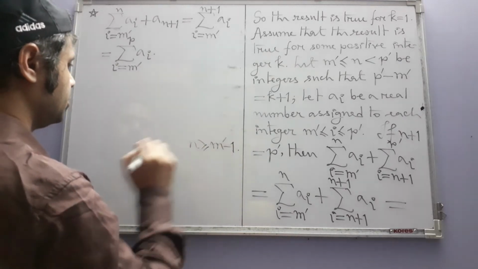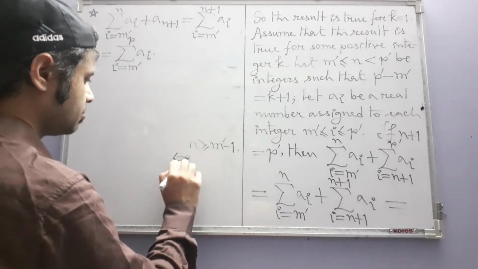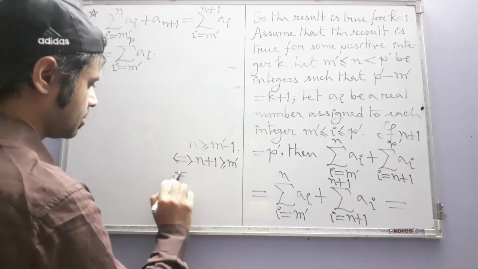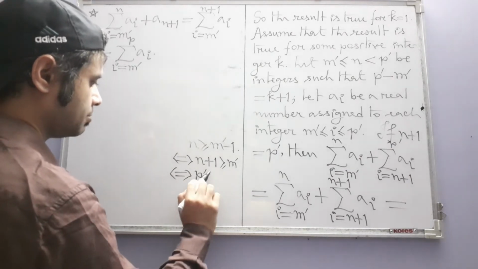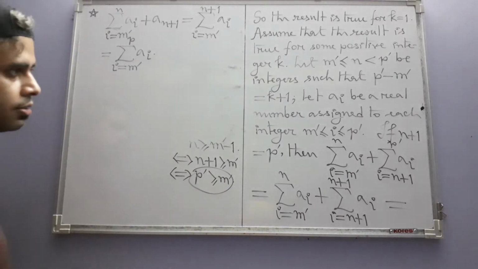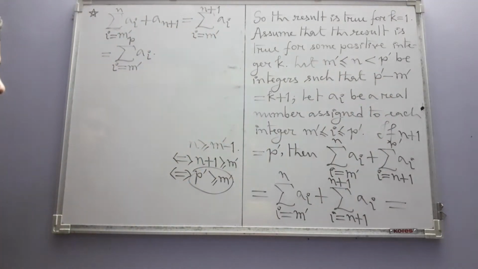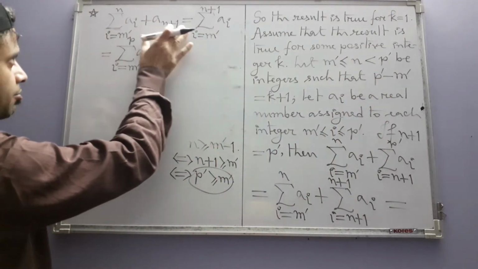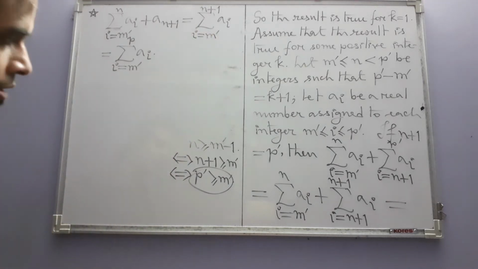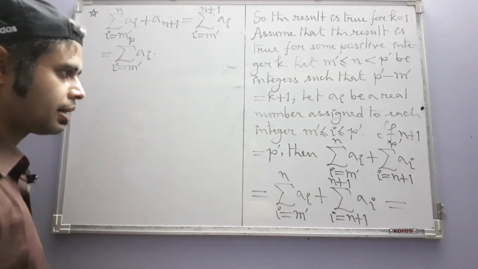That means we need n plus 1 being greater than or equal to m prime, but our n plus 1 is p prime, and this is true. In fact, we have strict inequality here. So our application of the definition here is justified. Everything has now fallen in place, and in this case we are getting what we want.